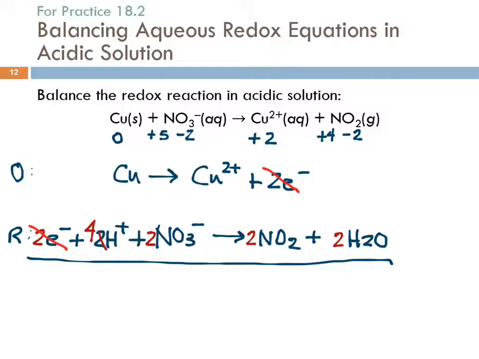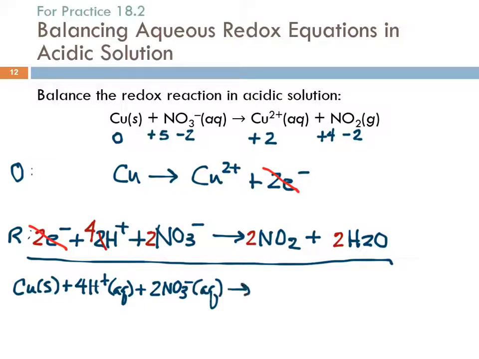No. So I've got copper solid plus 4 hydrogen ions plus 2 nitrate ions is going to make 2 NO2 molecules in the gas state.